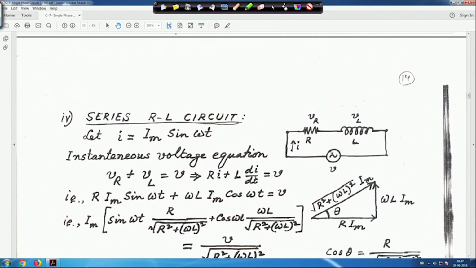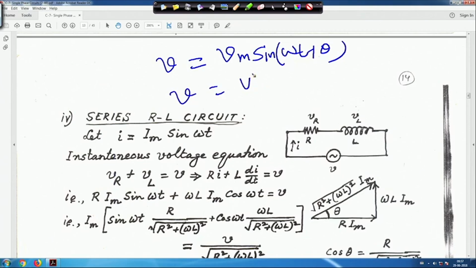In general, when you compute the current, suppose this V is given, we got V is equal to Vm sin(ωt plus θ). If we put in RMS value, it will be V is equal to Vm by root 2, at angle θ. And if you try to find the current, if you want it as a phasor, make it V arrow.